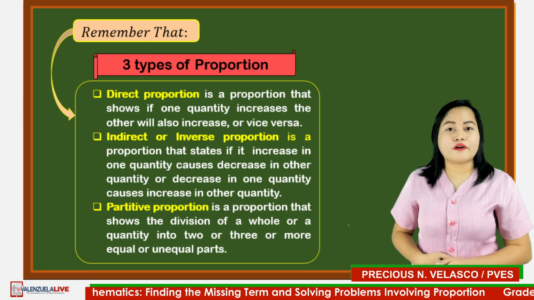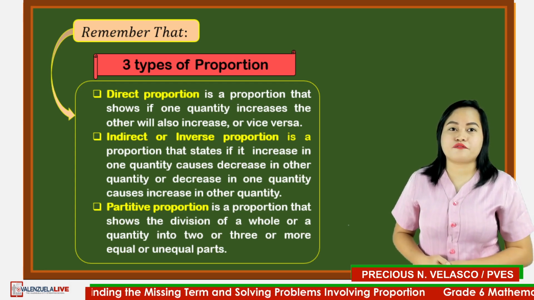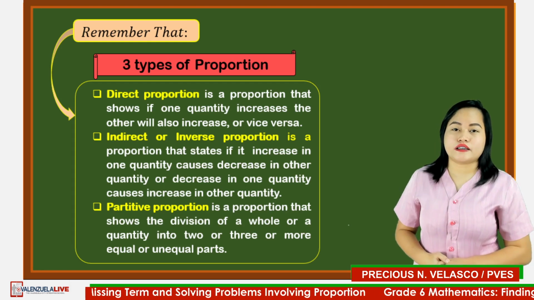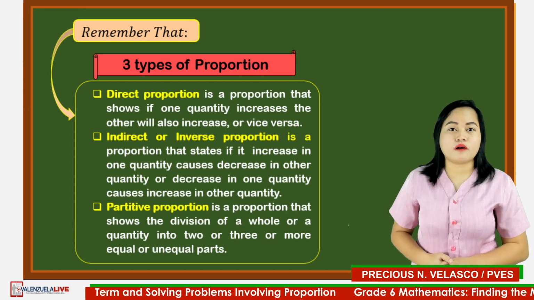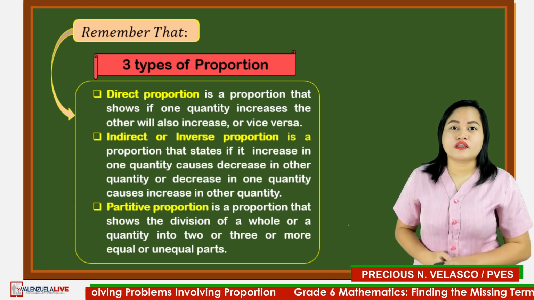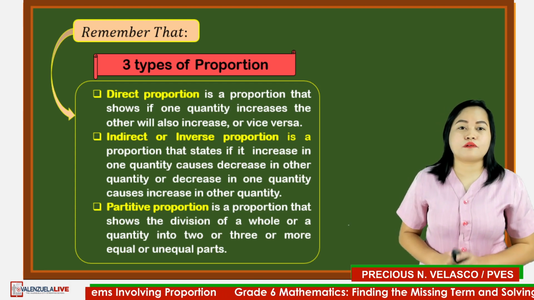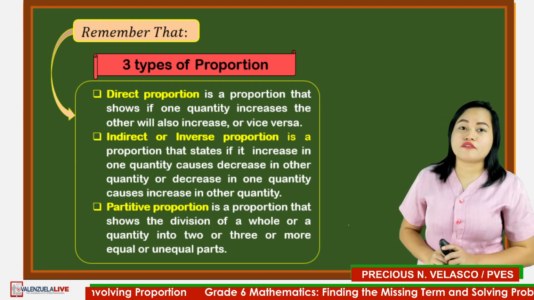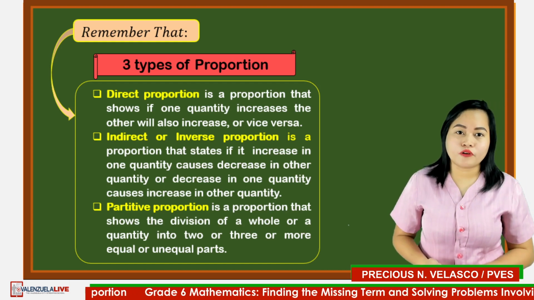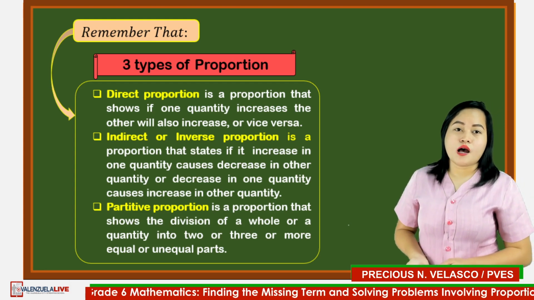For indirect or inverse proportion, it's a proportion that states that an increase in one quantity causes a decrease in the other quantity, or a decrease in one quantity causes an increase in the other quantity. And for the last type of proportion, which is the partitive, it is a proportion that shows the division of a whole or a quantity into two or more or three equal or unequal parts.